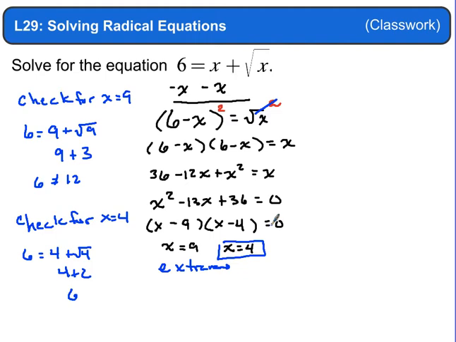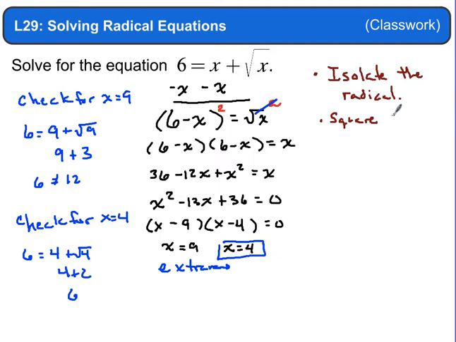So again, just to summarize what's happening, our goal, if possible, is still to isolate the radical. That would be the first goal. Sometimes this is not necessarily possible, and then you look at those on a case-by-case basis, but as long as you can do that first. And then after you do that, you're going to square or cube both sides, depending on the radical.